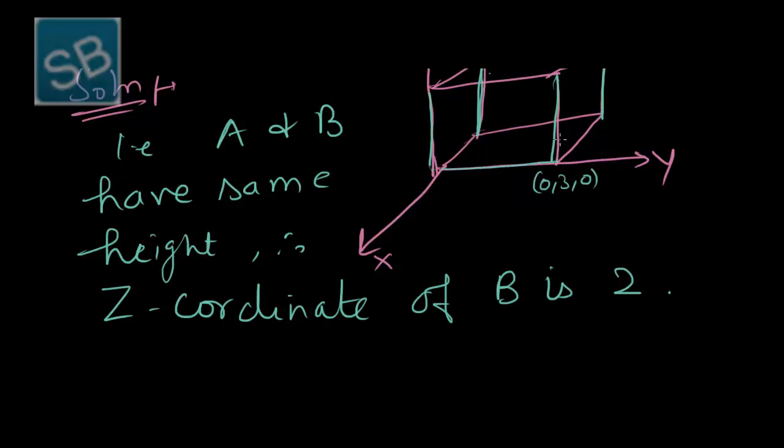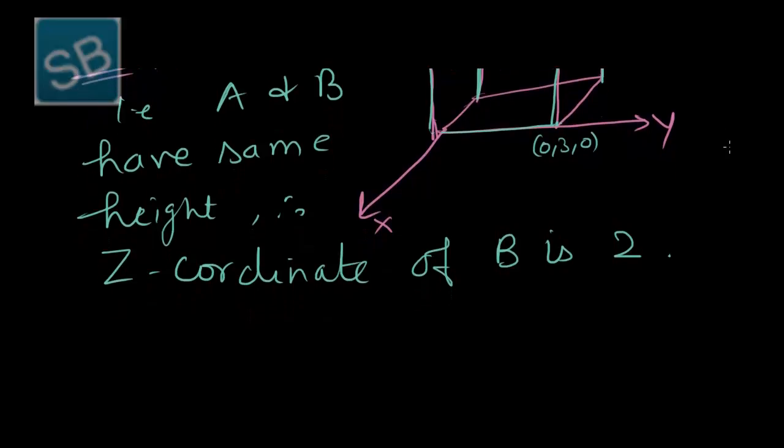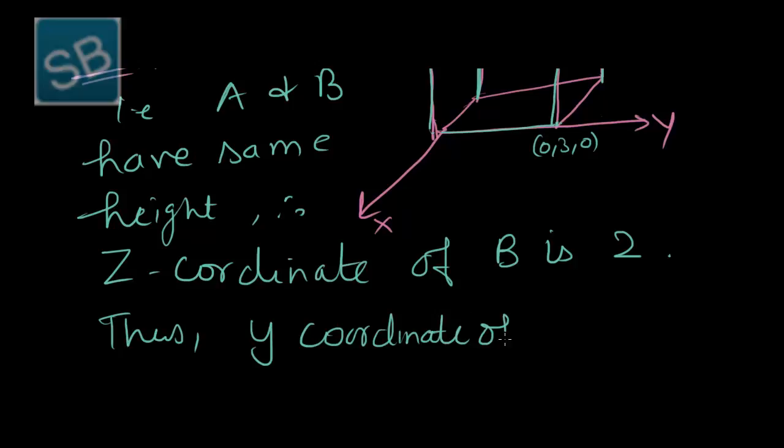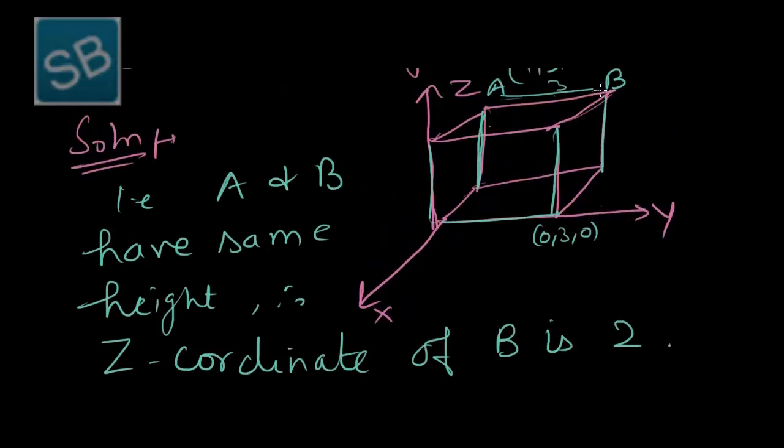That is, the y part of B is the same as 3 units. Thus the y coordinate of B is 3, this distance, and also this A is at 3 units.